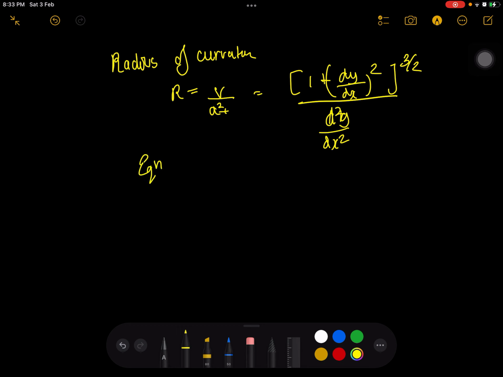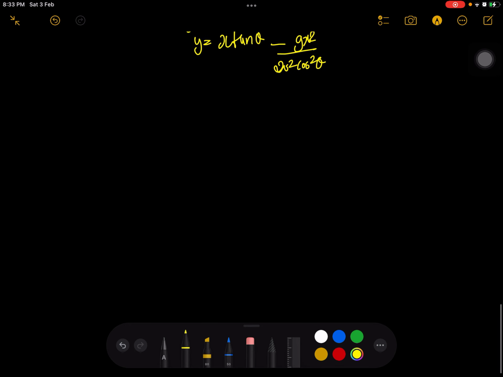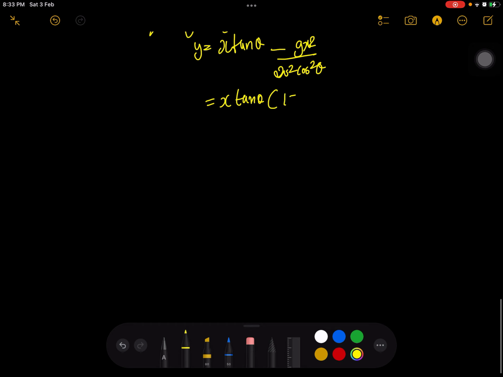Equation of trajectory is also important. y equals x tan theta minus g x square by 2 u square cos square theta. You can also write it as x tan theta times (1 minus x by R).